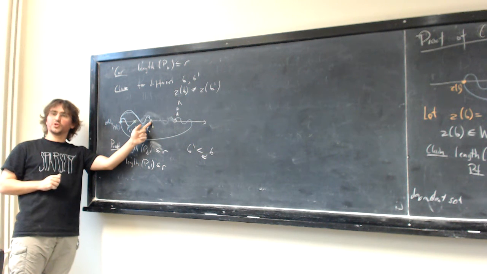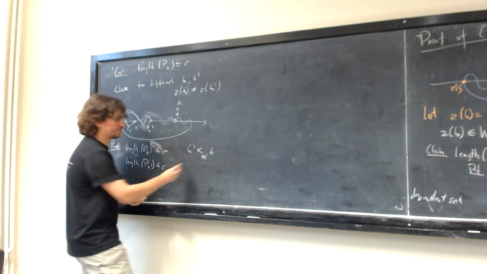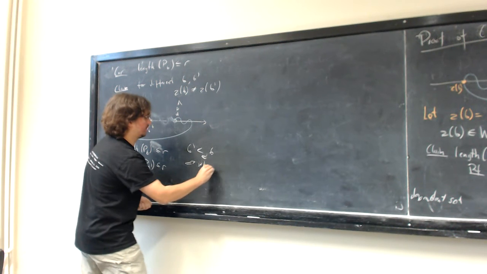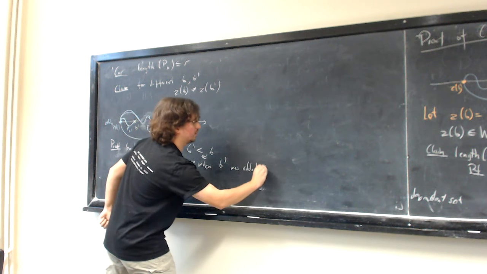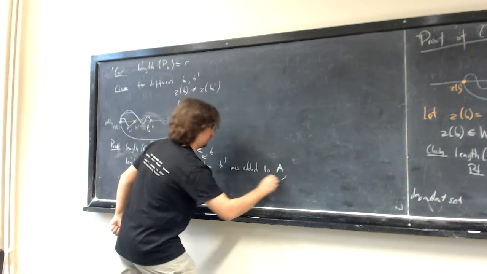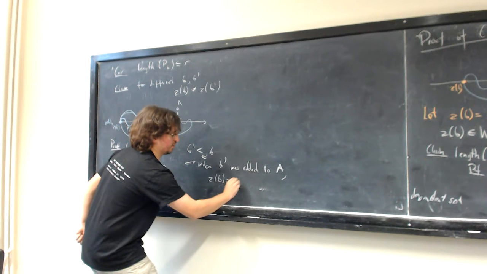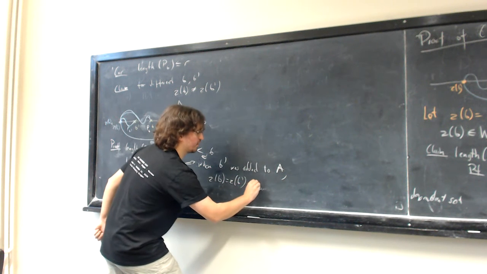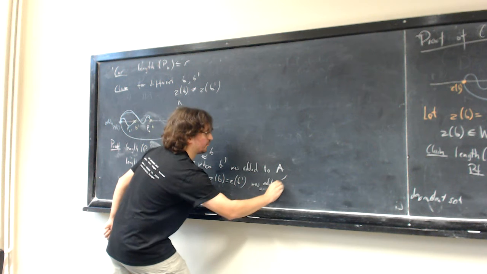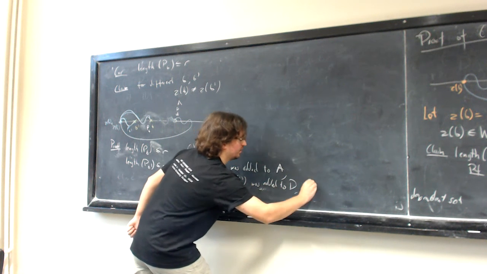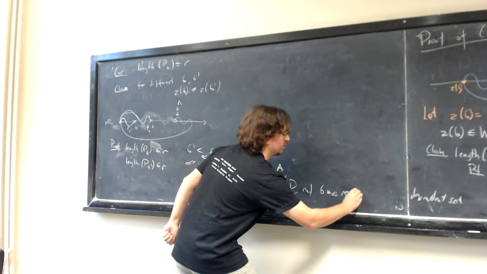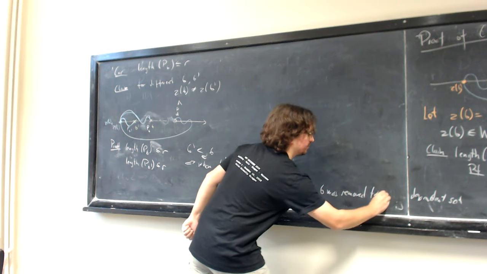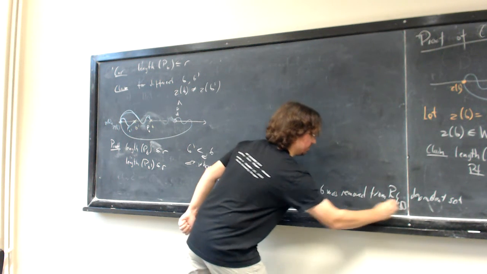Yes? Because it got dominated. Distance R dominated. So when B prime was added to A, Z of B, which is the same as Z of B prime, was added to D, and B was removed from R. And this is again a contradiction.